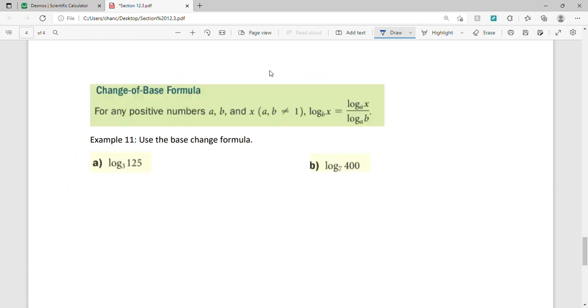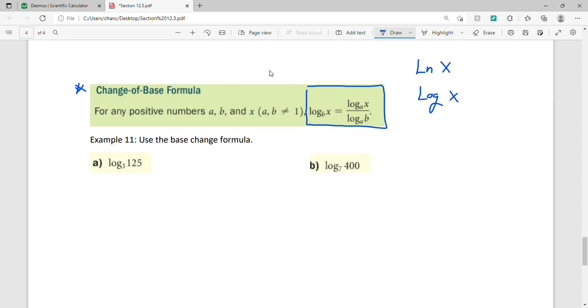The base change formula. For any positive real numbers a, b, and x, a, b not equal to 1, the log base b of x is equal to log base a of x divided by log base a of b. How is this formula useful? Well, on our calculators, you'll see there's a natural log of x and there's a log of x option available.